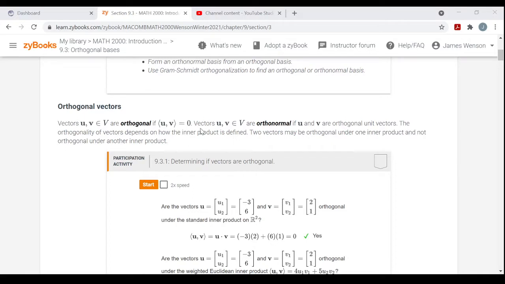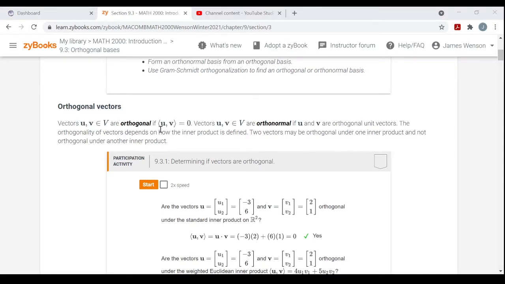Now to add to this, vectors u and v from an inner product space V are called orthonormal if u and v are orthogonal and both of them are unit vectors. Now remember from section 9.2, a vector is a unit vector if its norm is 1, or if its magnitude is 1.